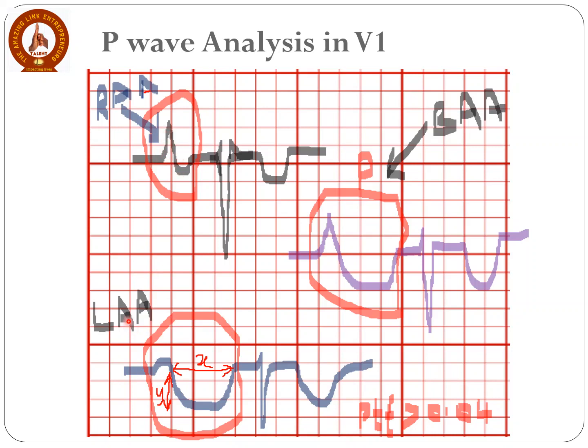We have also examined the left atrial abnormality, which is reflected by a broad and deep negative deflection, in which the P-terminal force will be greater than or equal to 0.04 millimeter seconds. Then we rounded it up by examining biatrial abnormality, in which the initial portion will be peaked and the terminal portion is broad and deep.